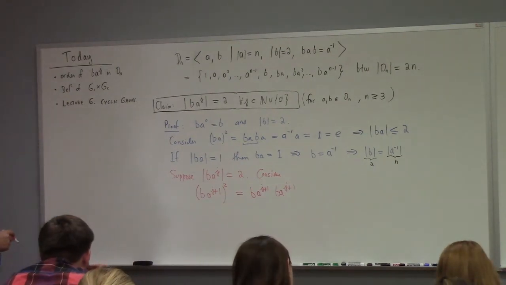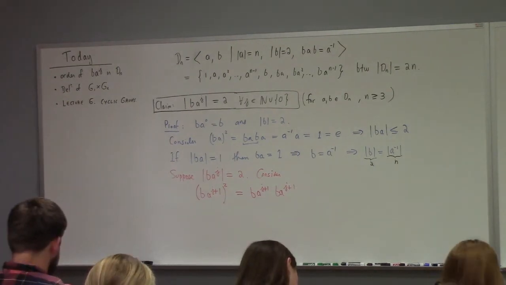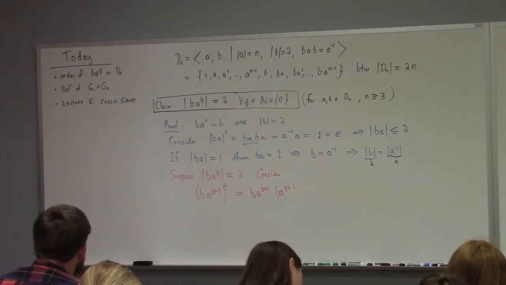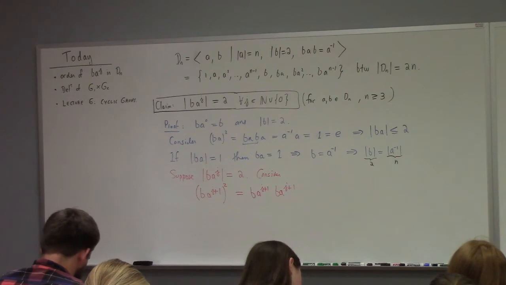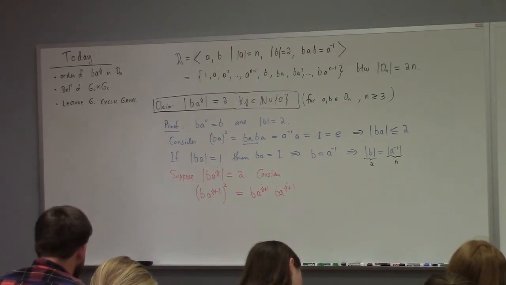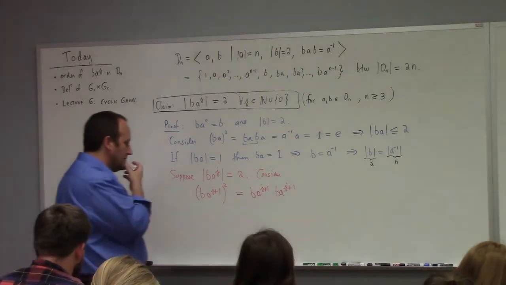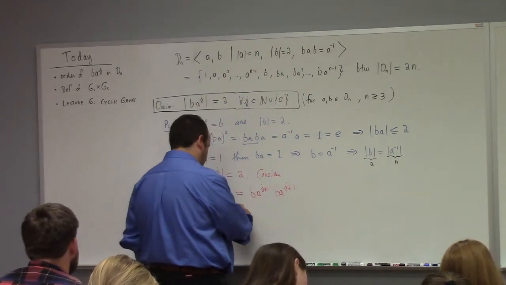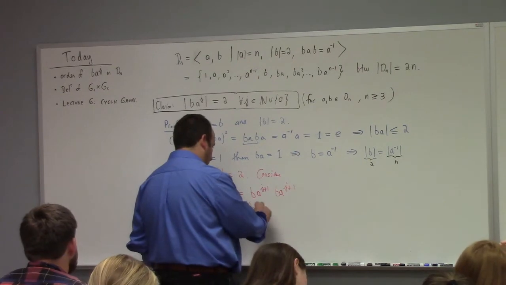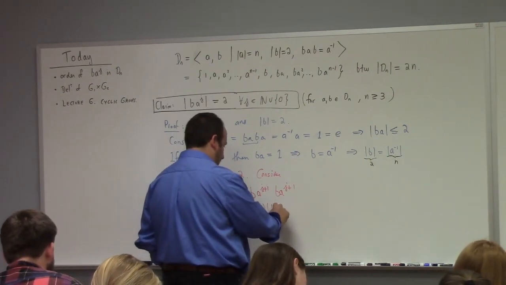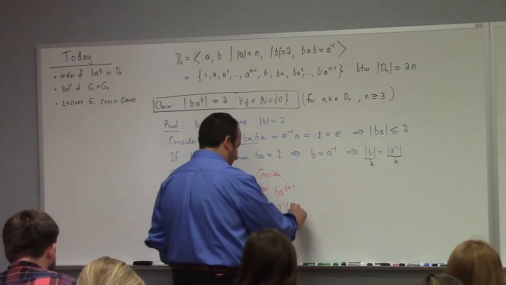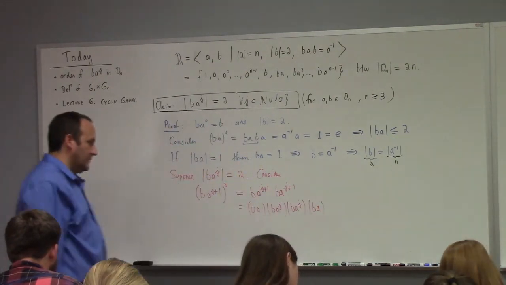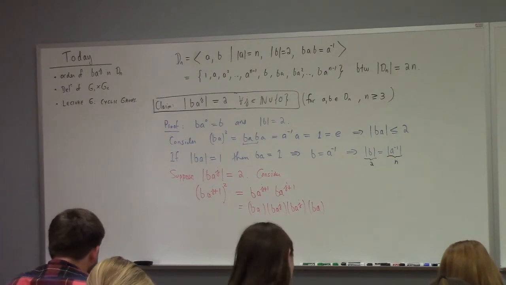All right, well, what's that? What can we do here? Looks like we have BA to the power j, BA to the power j, BA, right? By laws of exponents.